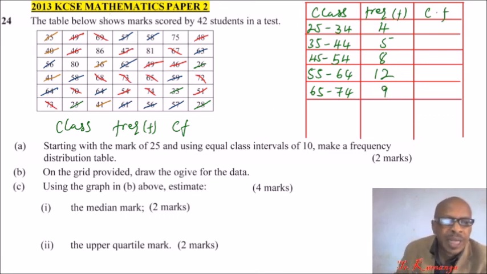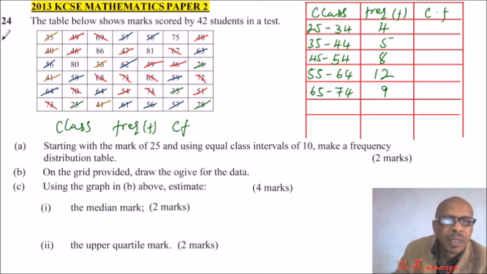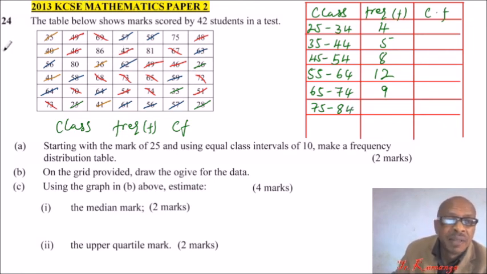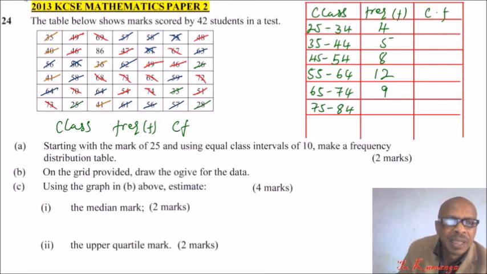Okay, so we put another row, and this row now you have 75 to 84. So we get those values between 75 and 84. So we have 1, 2, 3. There are 3.